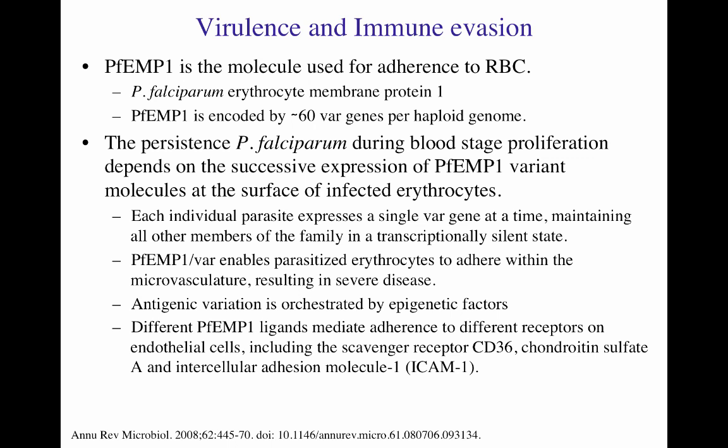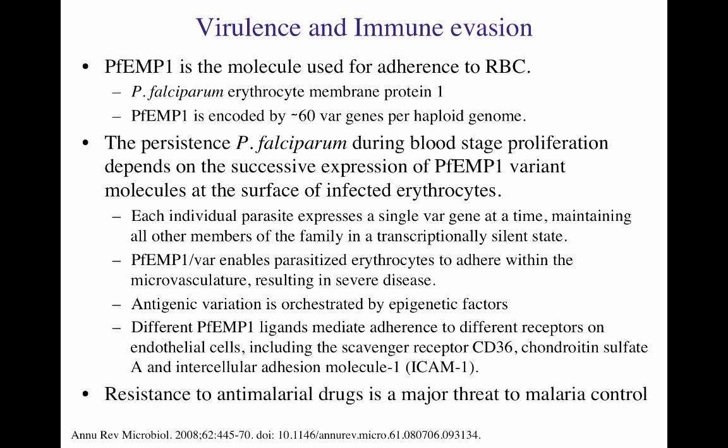For example, some PfEMP1 can bind to the scavenger receptor CD36, other ones bind to chondroitin sulfate A, and other ones bind to the ICAM1 protein. So together, the antigenic variation happening in the different stages of the blood-borne disease of malaria allows the parasites to escape immunological pressures mediated by antibodies.